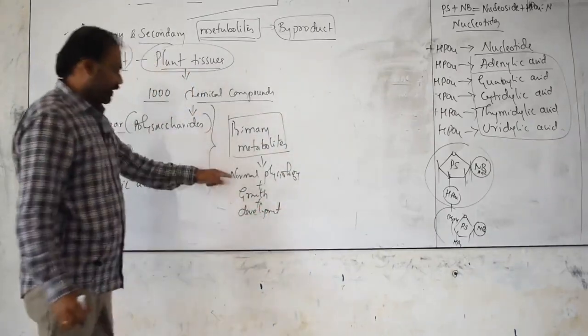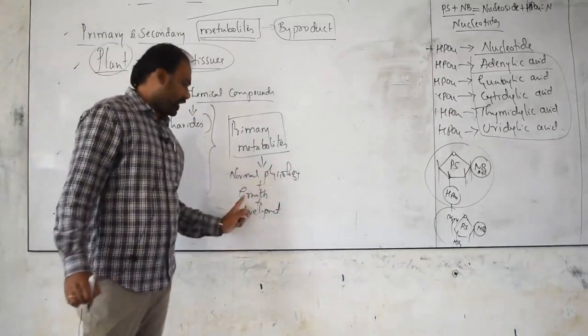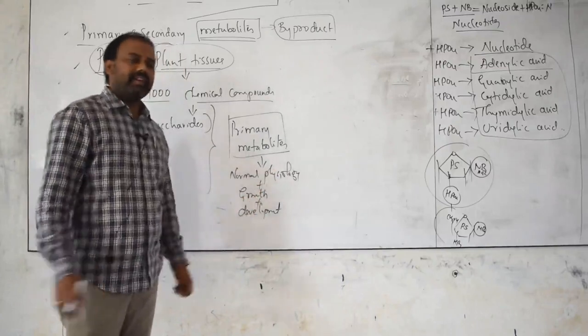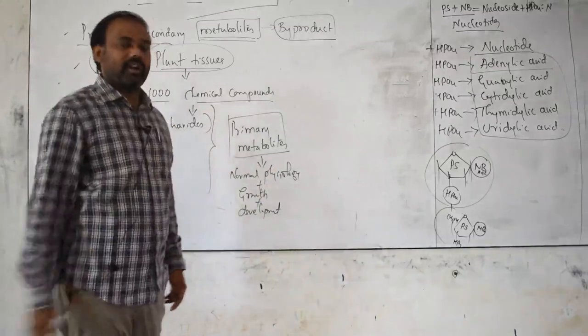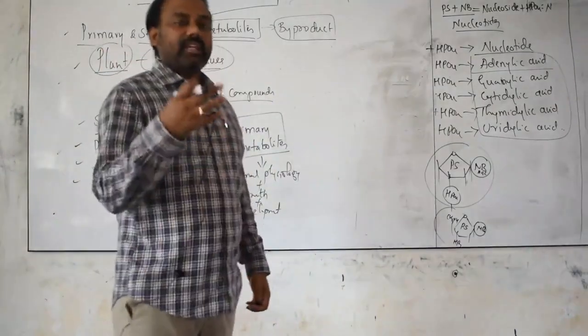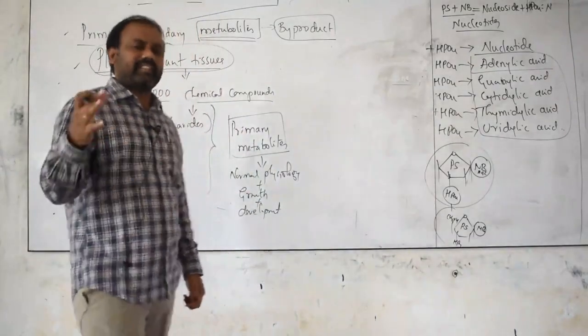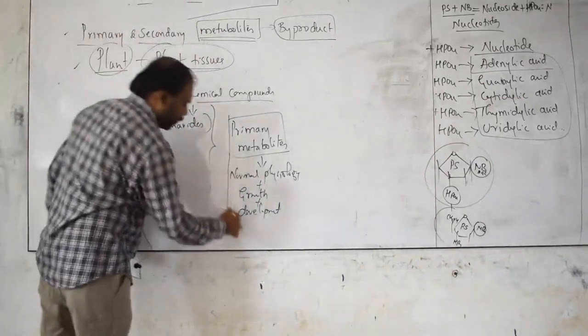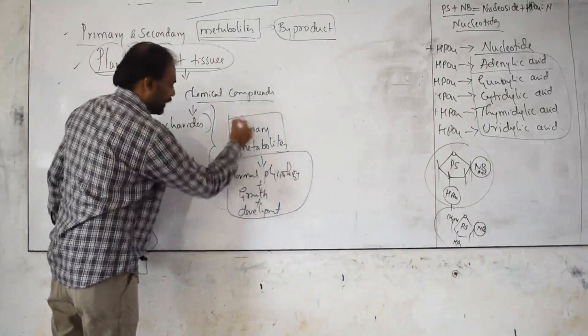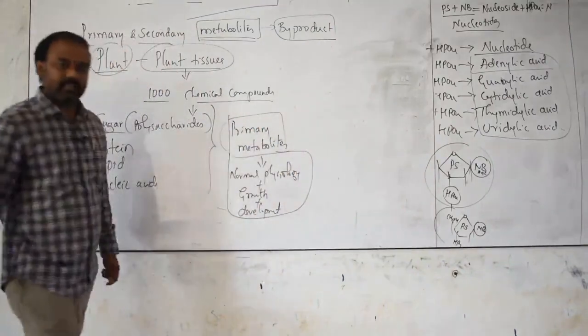Clear my point? So first is normal body physiology, growth, development, and different other phenomena, as I told you right now: vernalization, that is flowering, seed formation, fruit formation, etc. Those chemicals directly involved in these processes are considered primary metabolites.